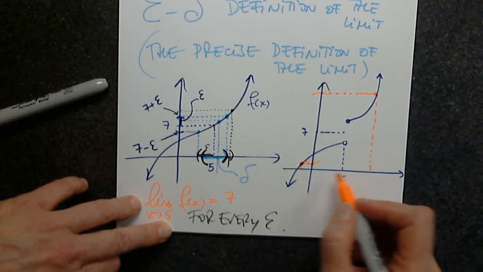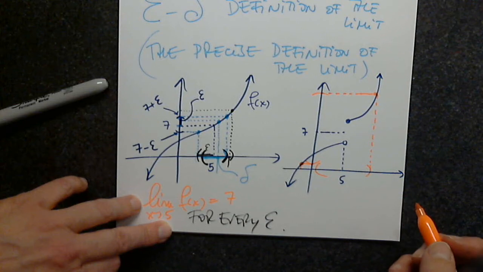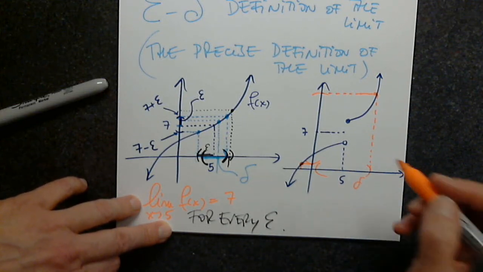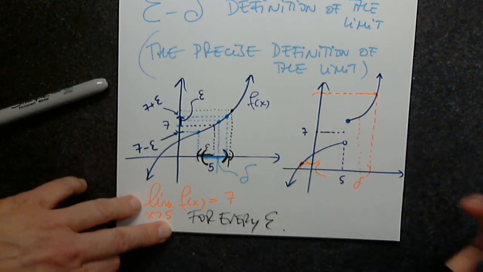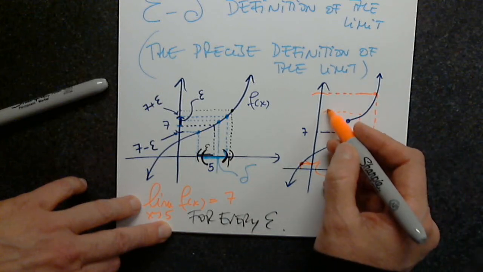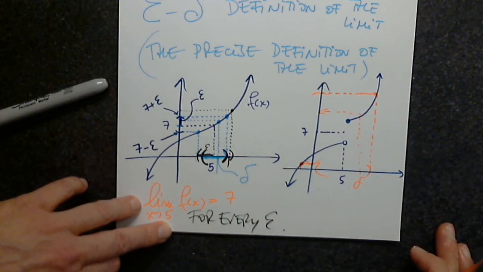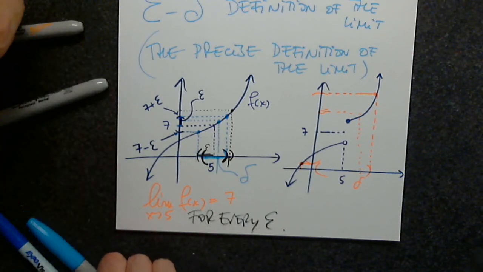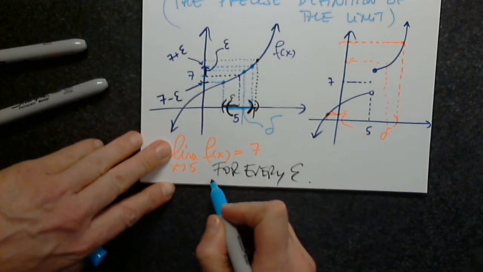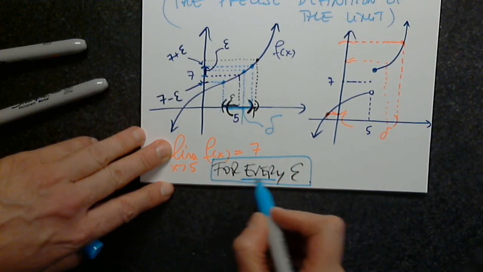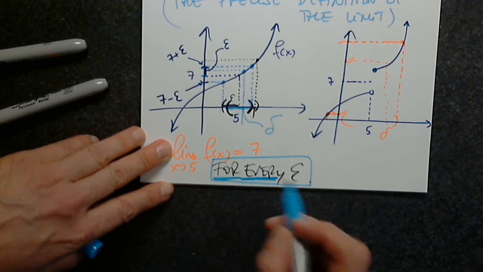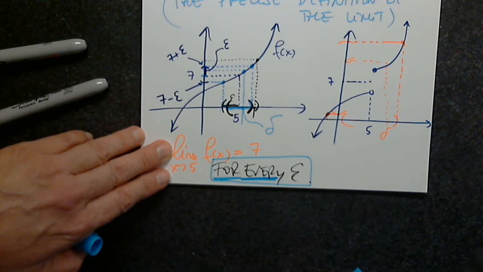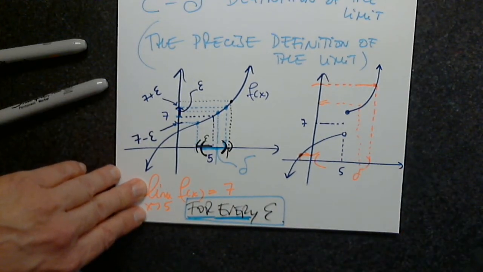This appears to be bigger, so I'm going to find this delta. Such that when I pick x, it will fall within epsilon away from 7. So the limit exists. And you can say, not so fast. You are forgetting something very important. You are forgetting this word, or maybe these two words. For every.